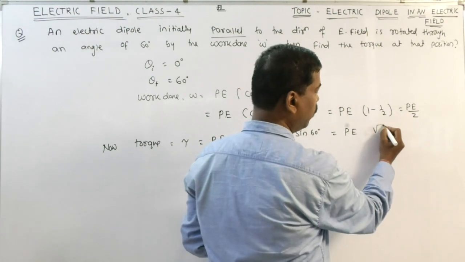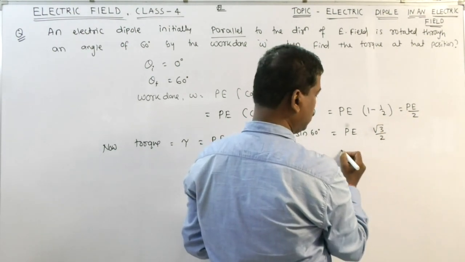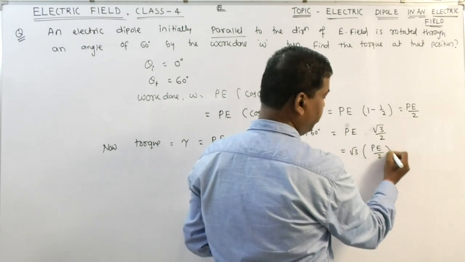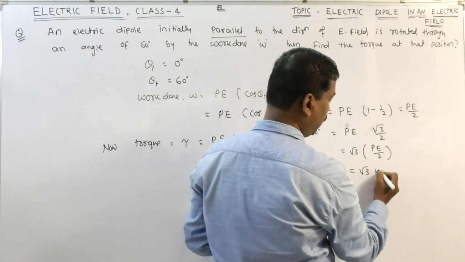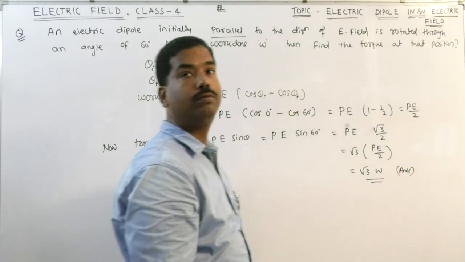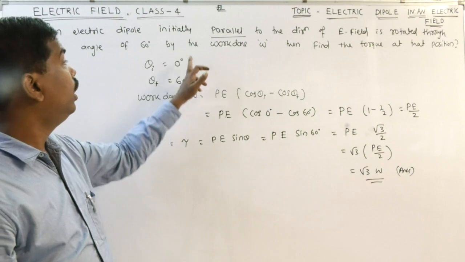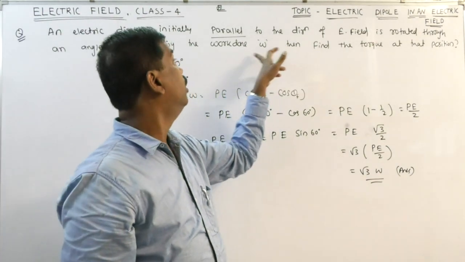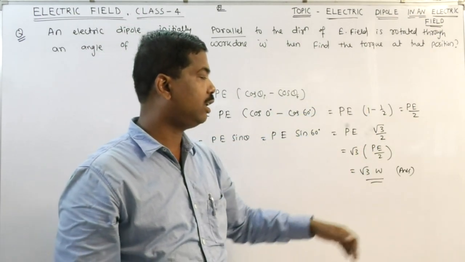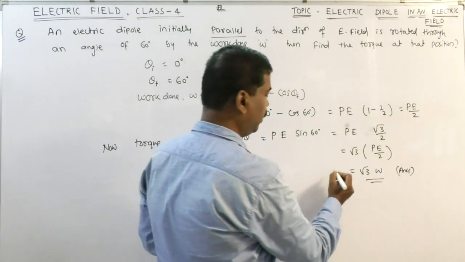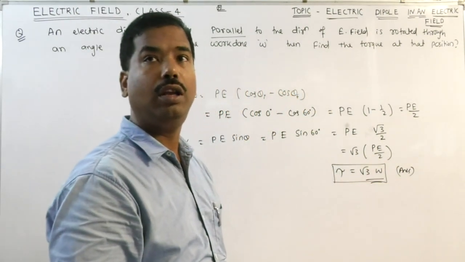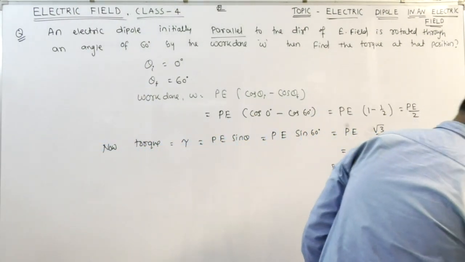Root 3 by 2. So tau is root 3 into PE by 2, which is root 3 W. This is the answer. Clear? So if it is rotated through an angle of 60 degree with work done W, then the torque at that point is root 3 W. Clear? Next question.